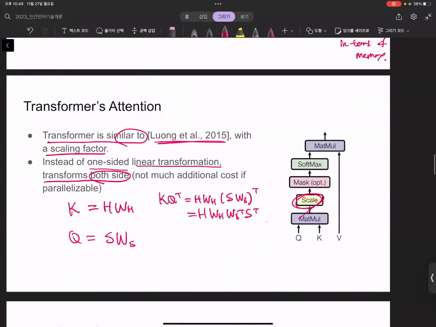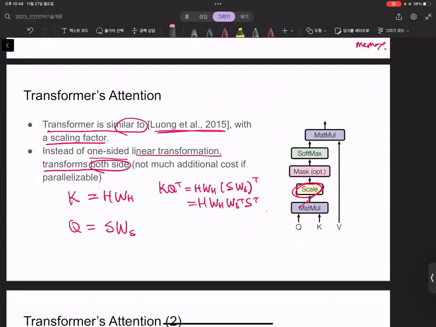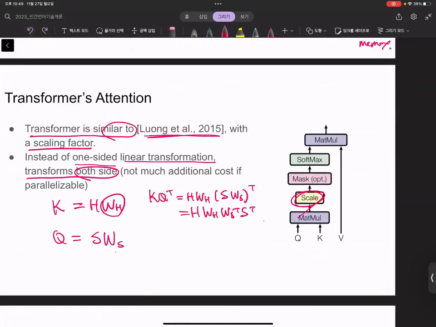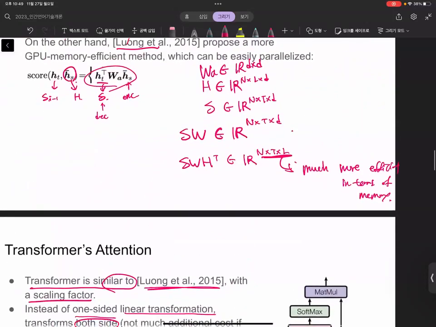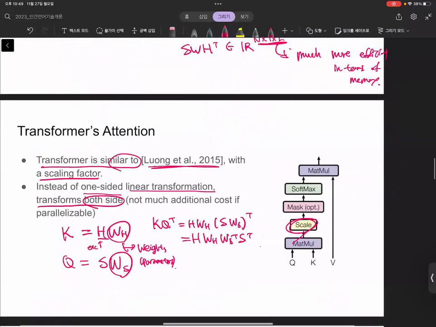Okay. I will see the multiplicative attention again. And wait a minute. W and W are weights or parameters. H from encoder. S from decoder.